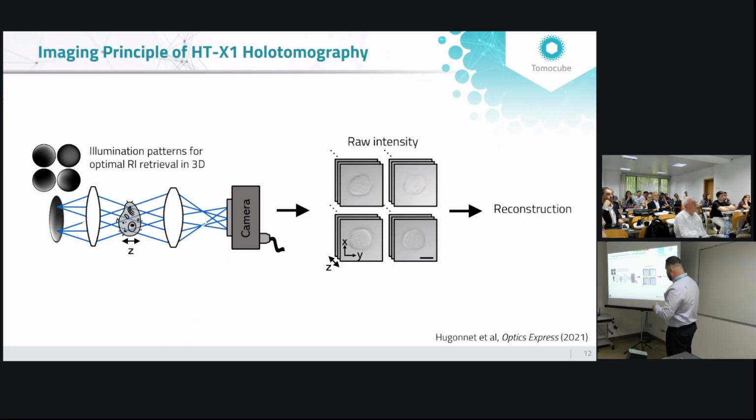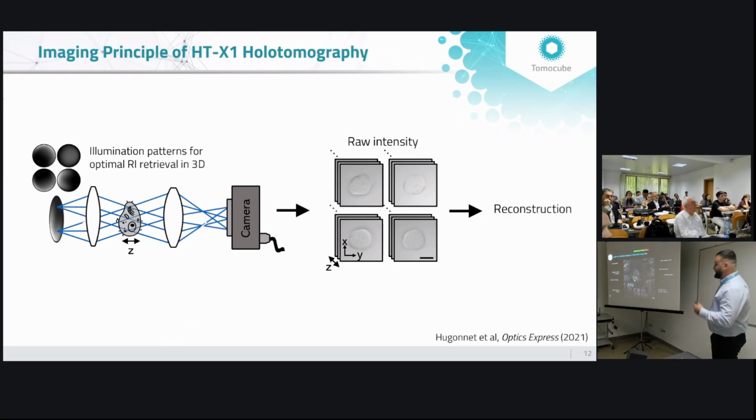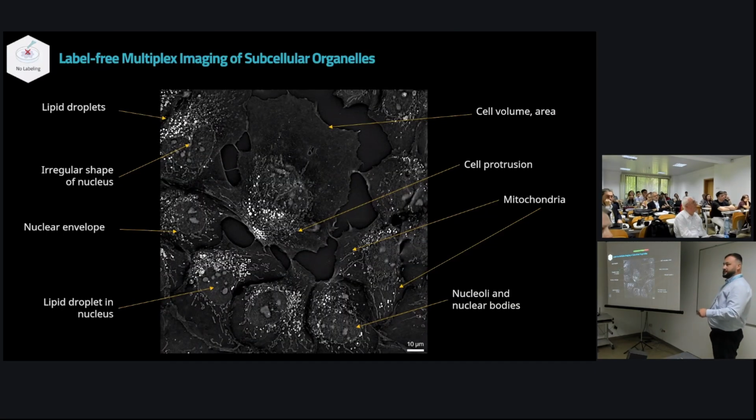Then you get these raw intensity images that give you different information in each image, and we reconstruct that with a GPU-based computational reconstruction algorithm. And that's how you end up with this kind of images.